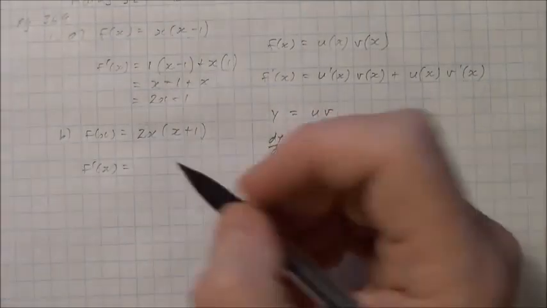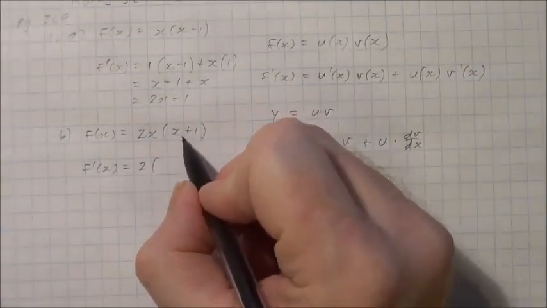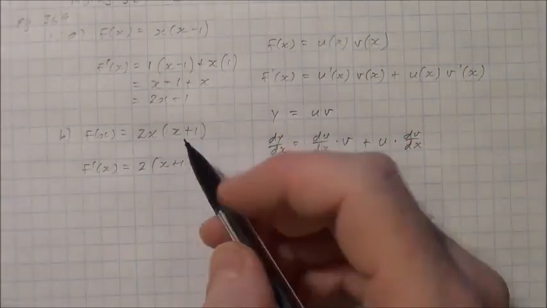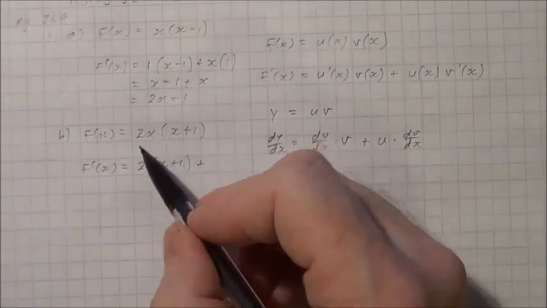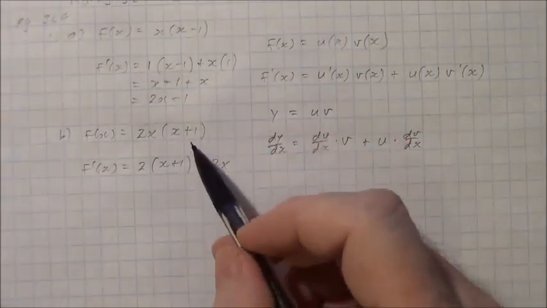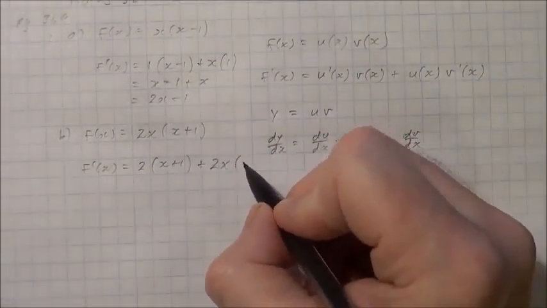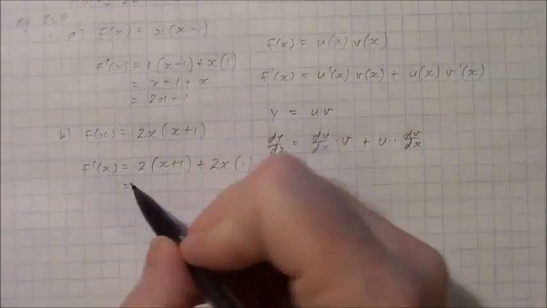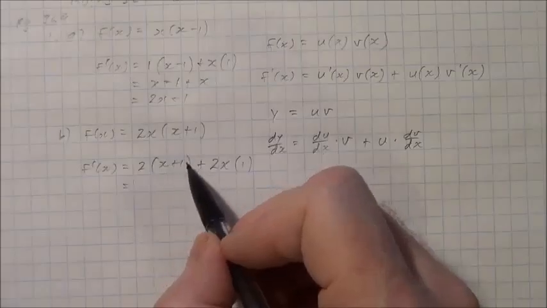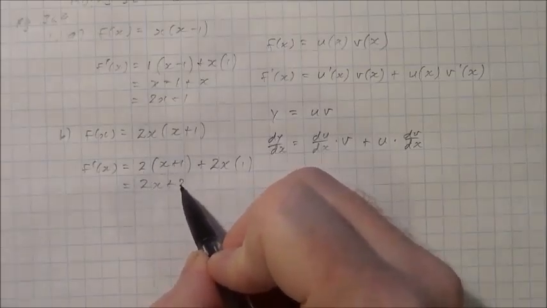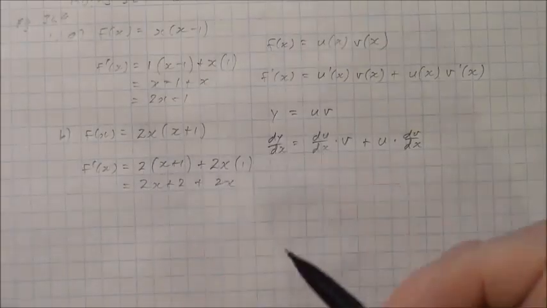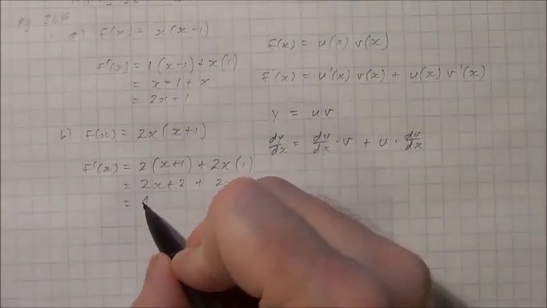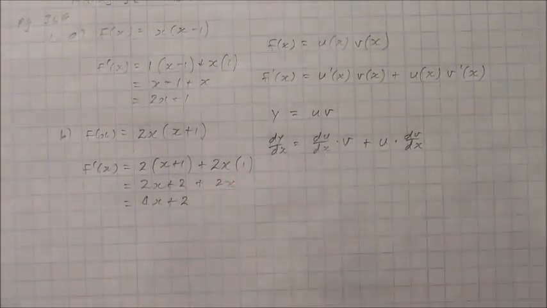So the derivative of the first would be 2 multiplied by the second, x plus 1. Then we add the first times the derivative of the second, which is just 1 in this case, and then we simplify here. So we bring this in and we get 2x plus 2 plus 2x, simplify by collecting like terms, so we end up getting 4x plus 2.